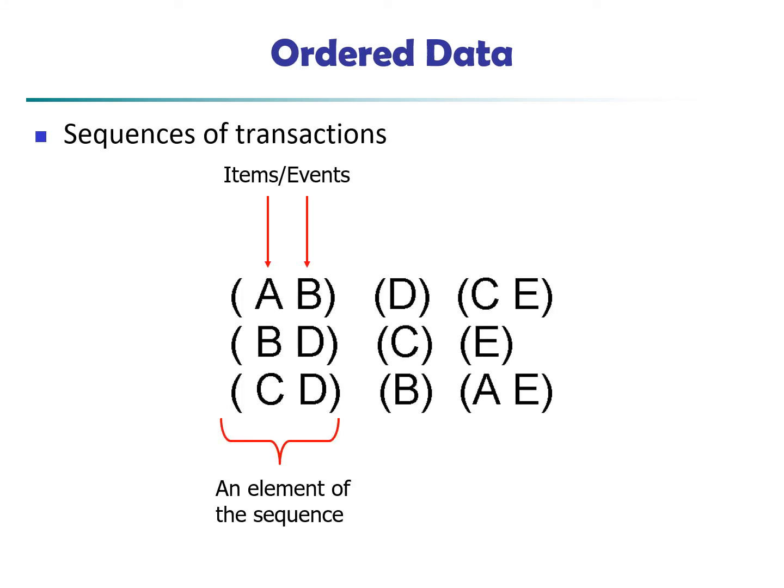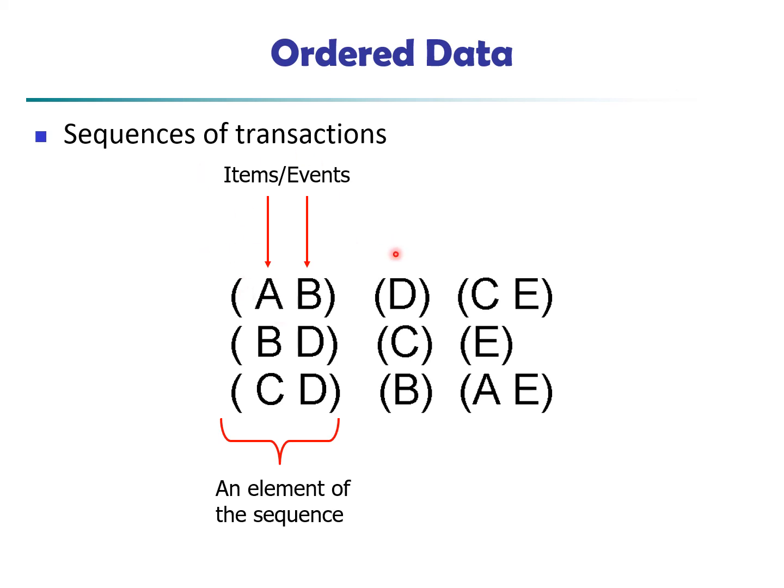The final type of dataset is ordered data, and ordered data is important because the sequence is important. The most obvious example of ordered data is the genome sequence, which is how our genetics are represented in our DNA.